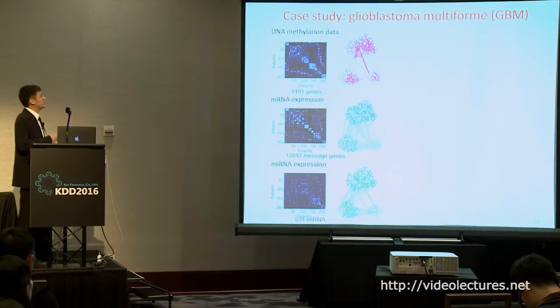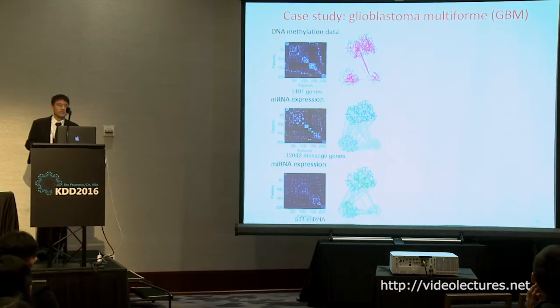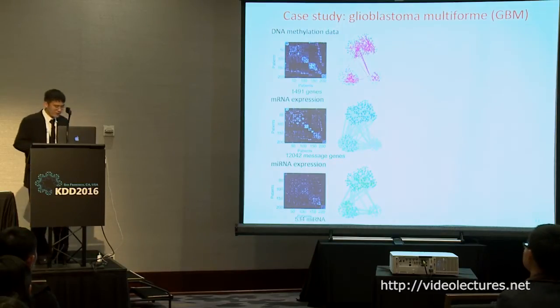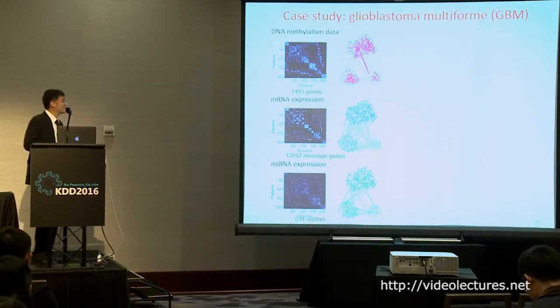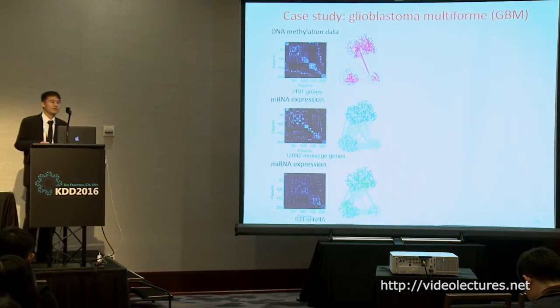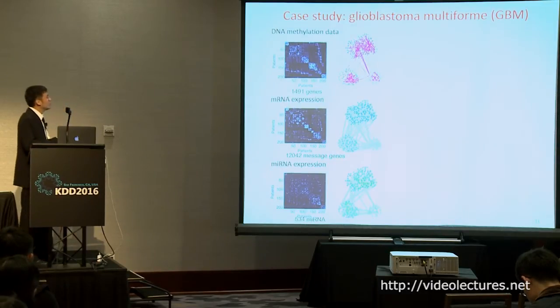The case study is based on cancer. The cancer is GBM. The data comes from the TCGA data, and GBM itself is a very, very malignant cancer. I think if a patient has this cancer, the average survival time is just 14 months, so it's a very bad cancer. There is a lot of information to encode the patient similarity network.